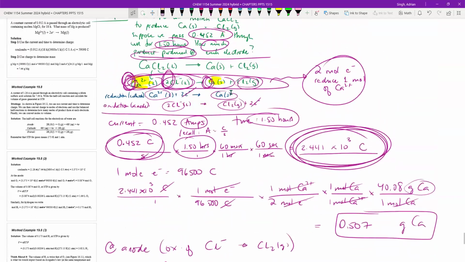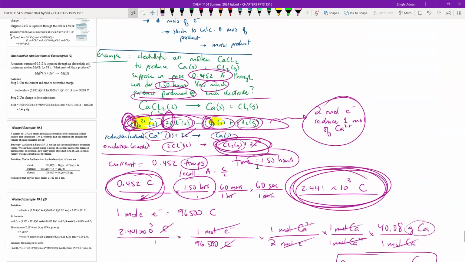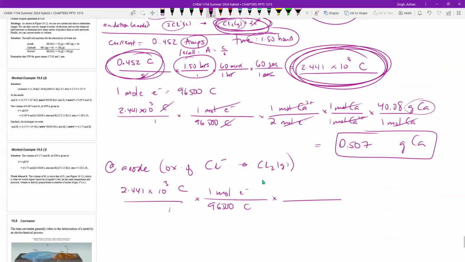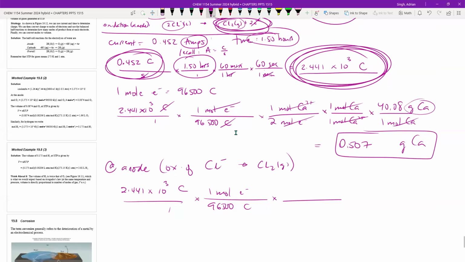Okay, so 2 moles of electrons are needed to, in this case, oxidize chloride, or to produce, I'm sorry, to produce 1 mole of the Cl2. 2 moles of electrons for every 1 mole of gas.